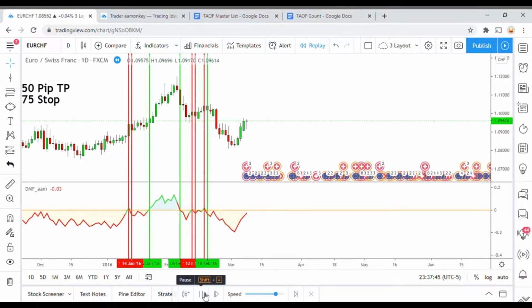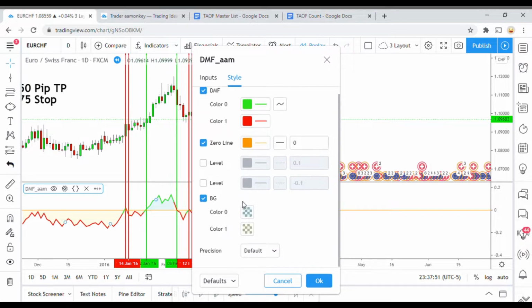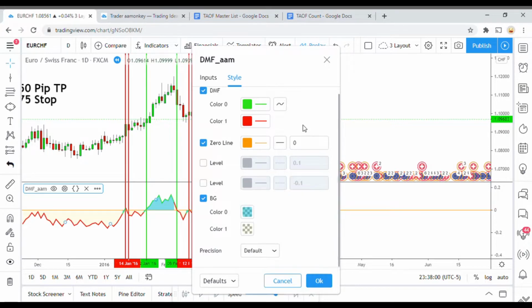So let's keep playing it out here. It's funny because, I know it's probably a little challenging to see, but there's actually some color background.